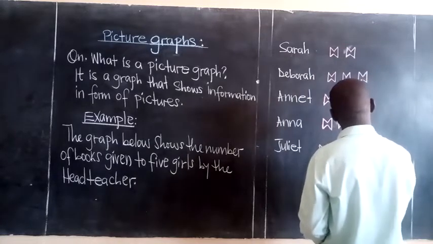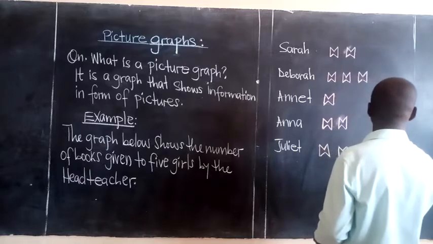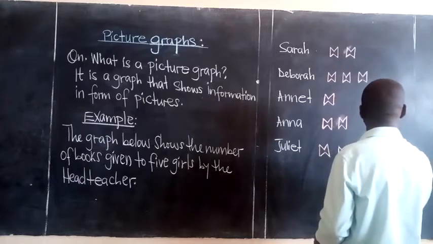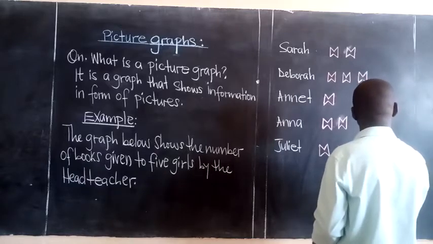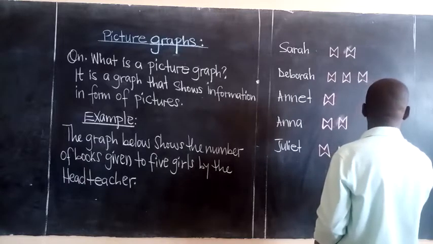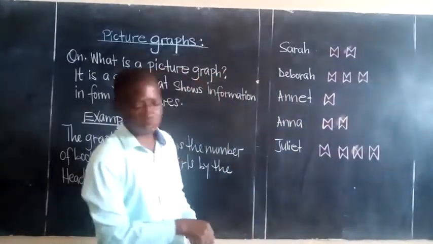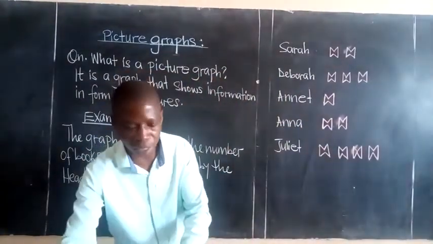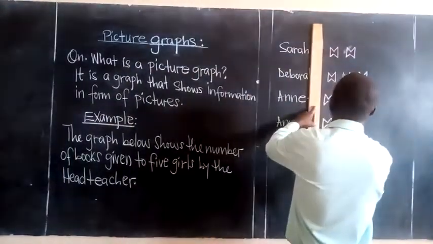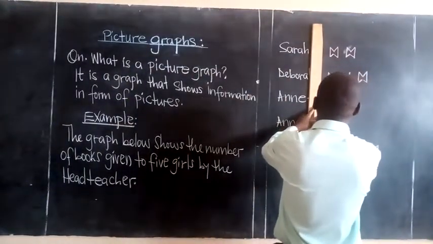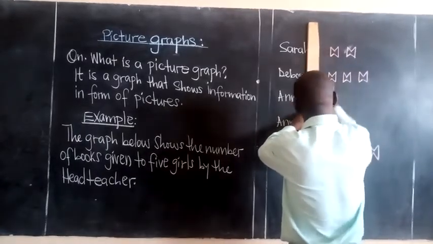This one was also given. She was given those books. So those are the books. The pictures that you are seeing are the books. These books were given to 5 children by the headmistress.